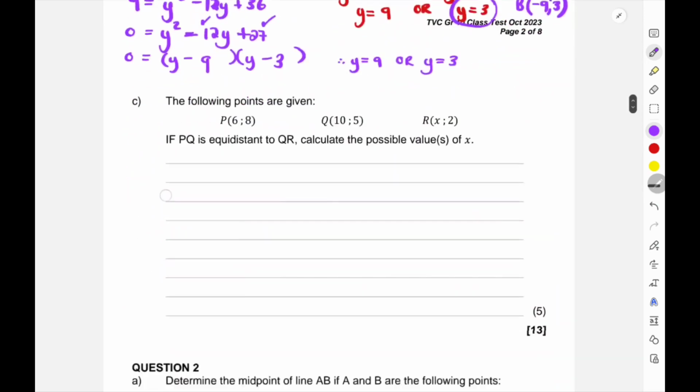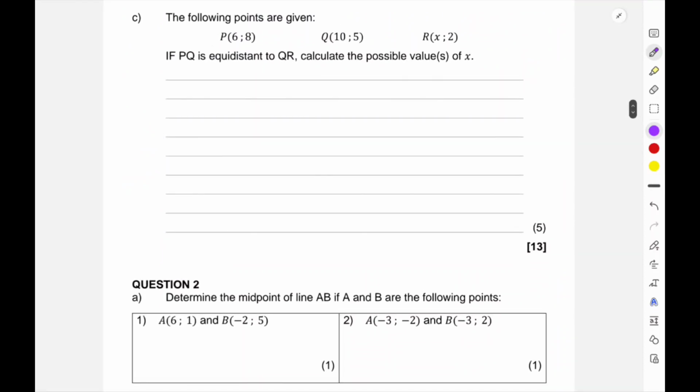Okay. All right. Then they say the following points are given, P, Q, and R. Then they say if PQ is equidistant to QR, calculate the possible values of X. Okay, so PQ is equal to QR.